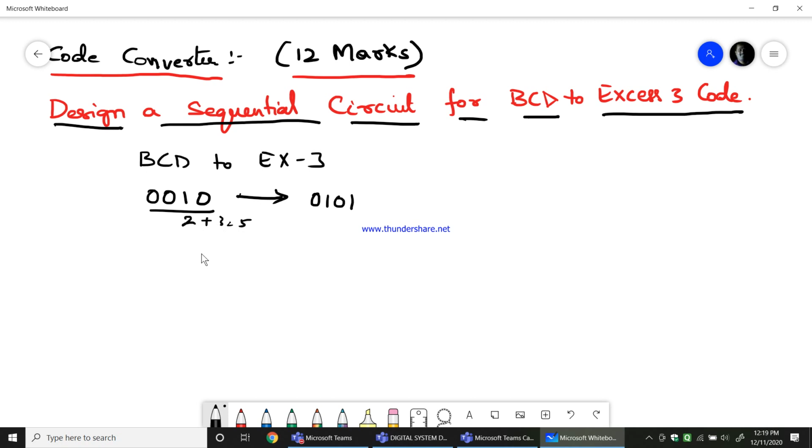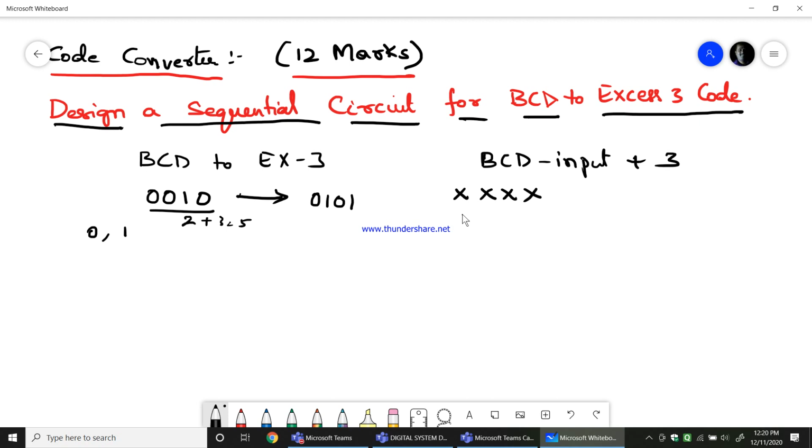Anyway, we know that XS3 code is adding 3 to a BCD input. Let me assume a BCD input is any value, so those 4 bits would be 4 don't cares. These don't cares can take any values, either 0 or 1.